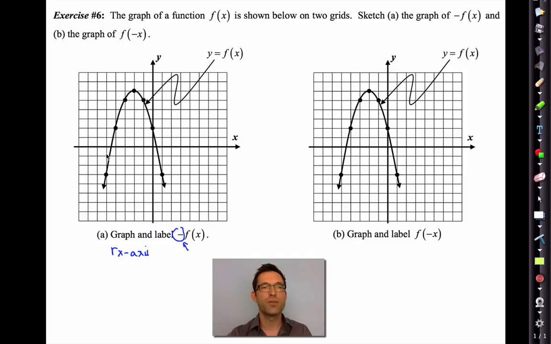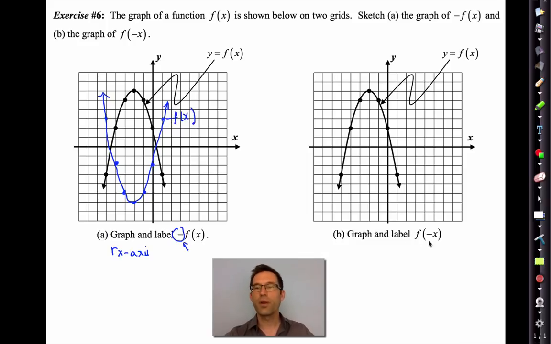We can take each point, counting the units for each one. Now we'll kind of speed it up a little bit. And we get this. And that's negative f of x.